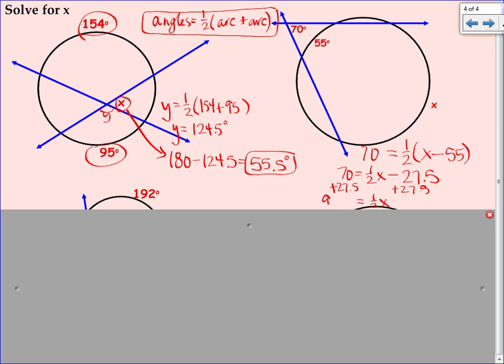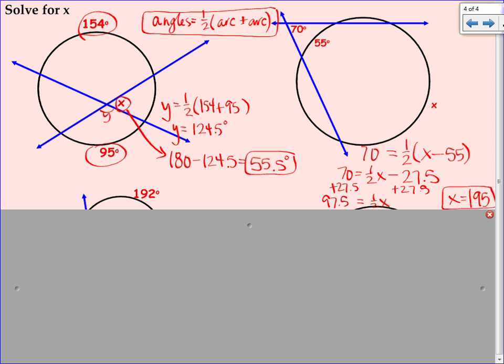Divide by 1/2 and we get what? How much? Divide by 1/2. How much? 195. Questions?